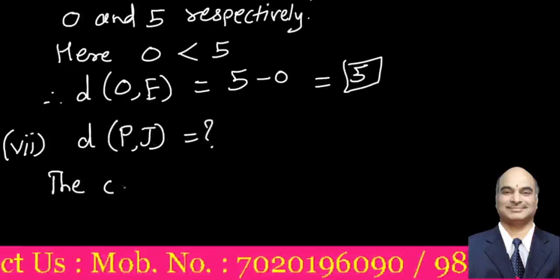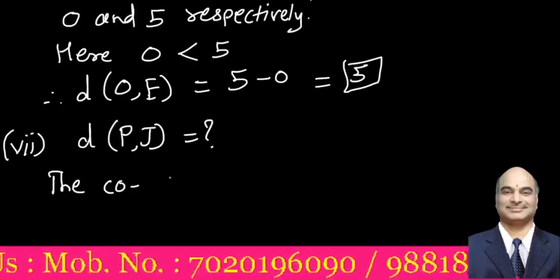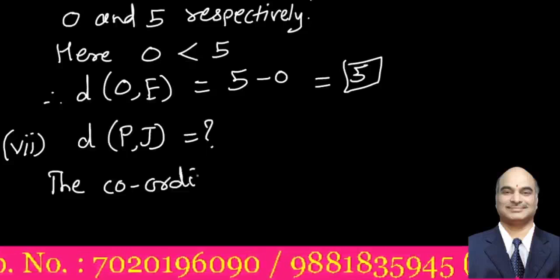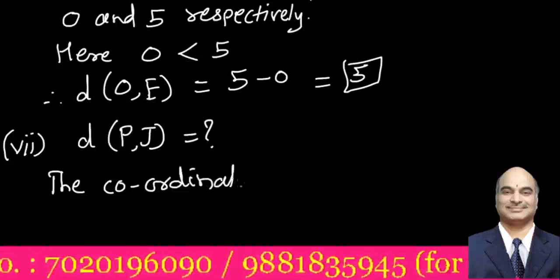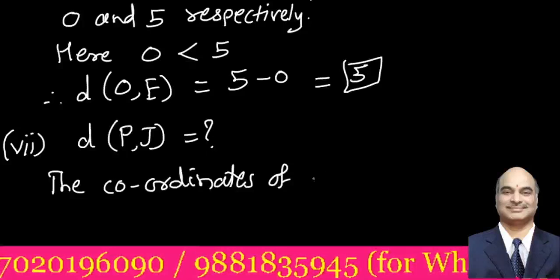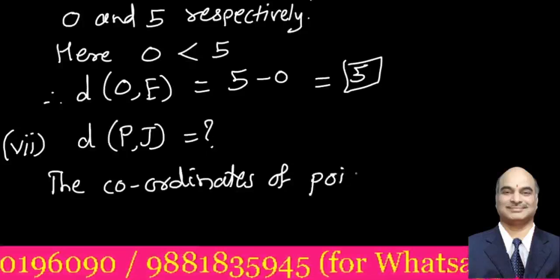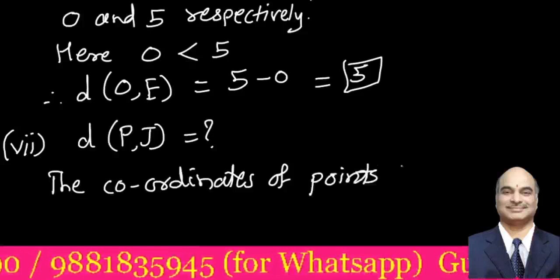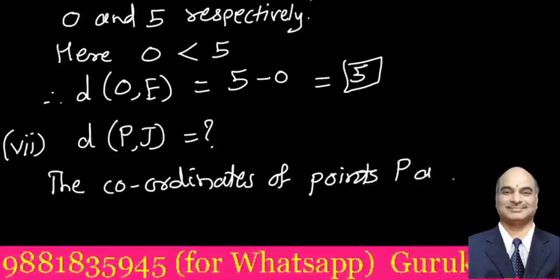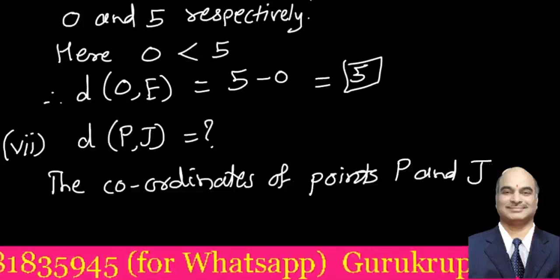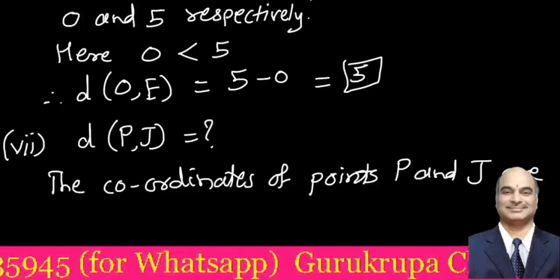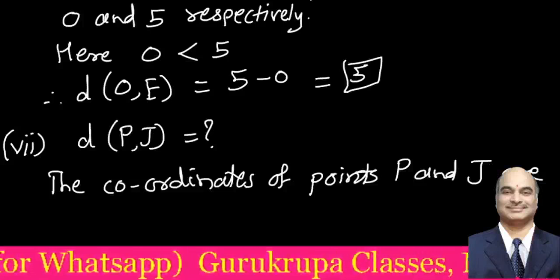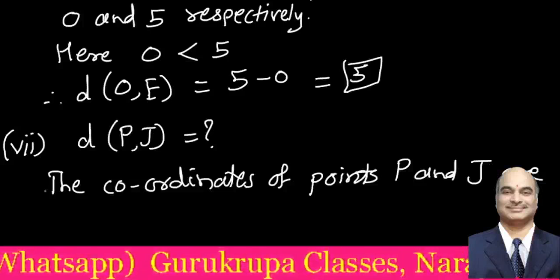So the coordinates of points P and J are -4 and -2.